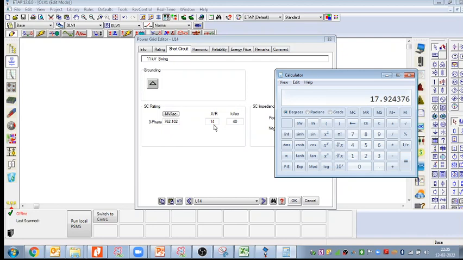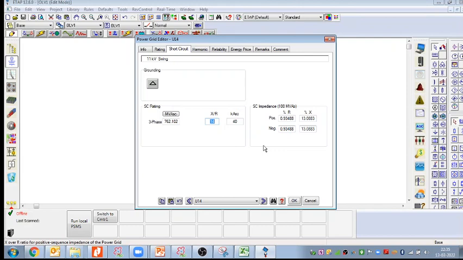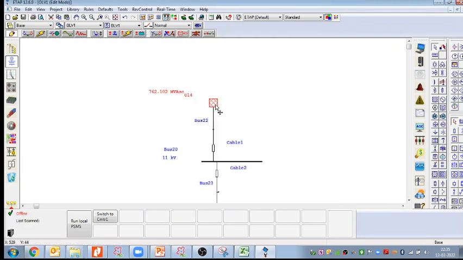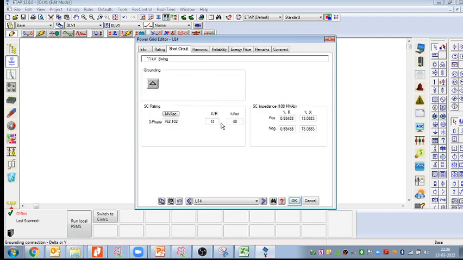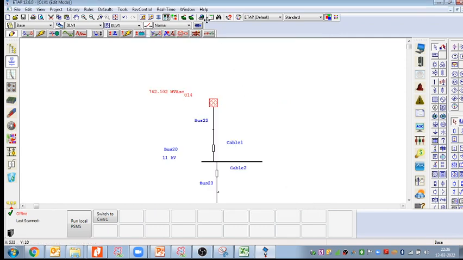In the CT sizing calculations I explained another point also: in power grid modeling in the ETAP session, I will always take X by R as 14, so please refer to this discussion. Every time I will blindly fill in 14 here. Hope you are getting the point.